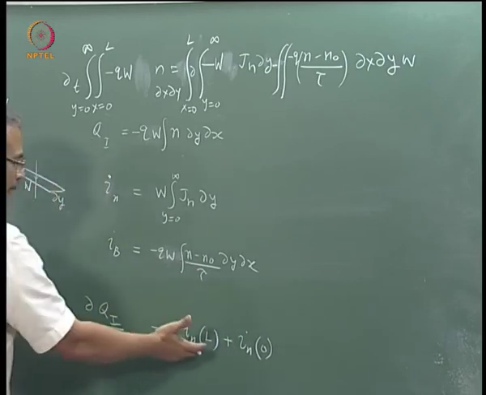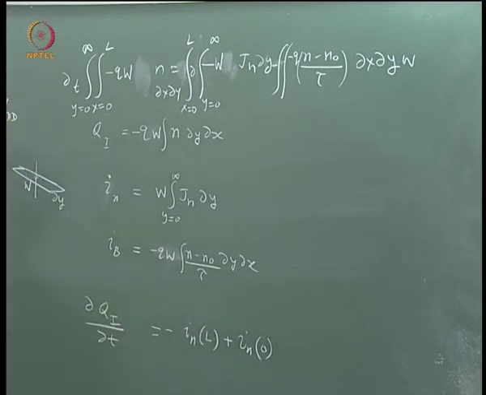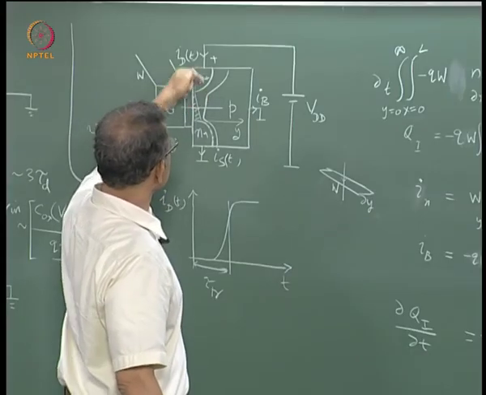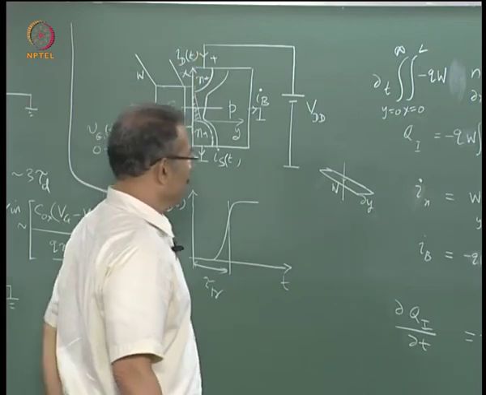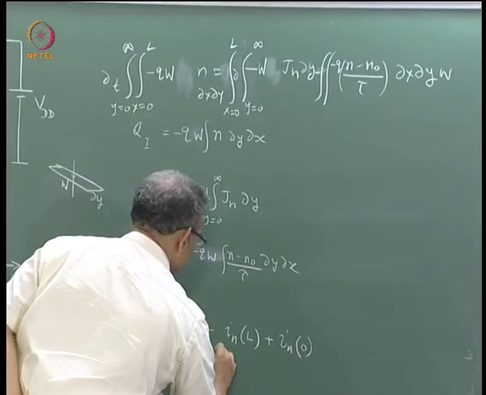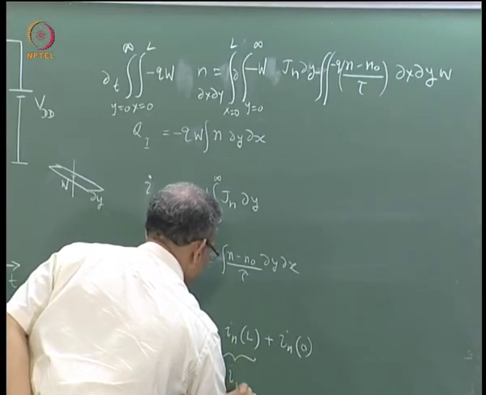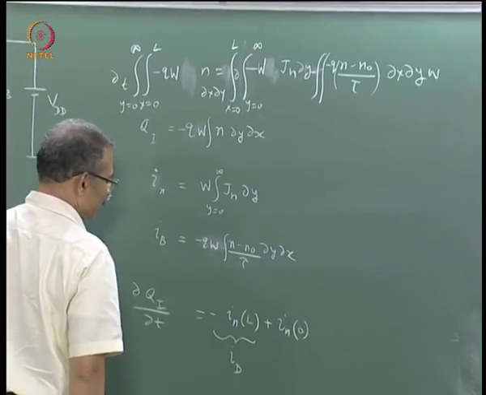Now what is In(L)? The electron current at L is nothing but the drain current. The drain current is inward and the electron current is outward, right? And therefore this quantity can be written as minus of In at L is ID.